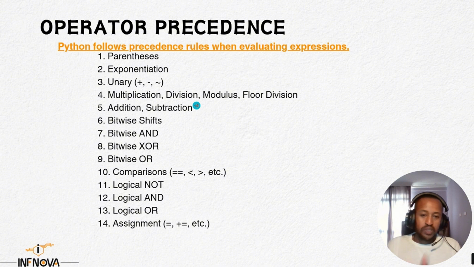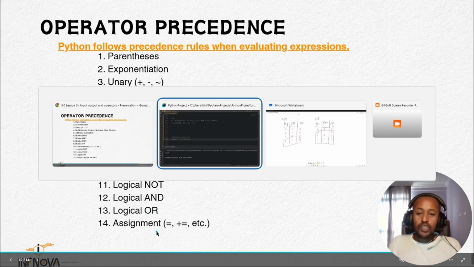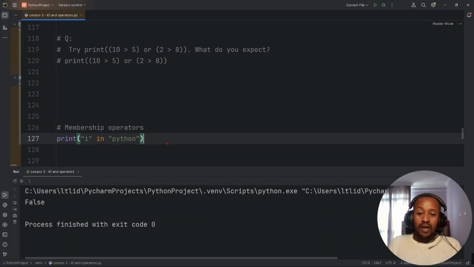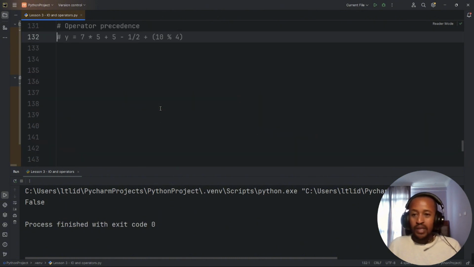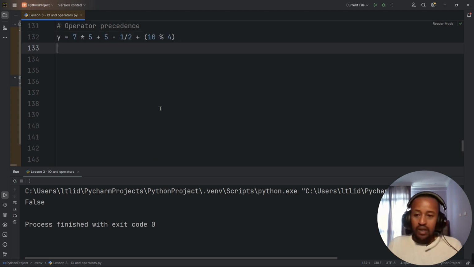Multiplication, division, modulus, and floor division have the same level of precedence. Addition and subtraction also have the same precedence, and it follows on like this. My recommendation, to be sure, is to always keep it in brackets if you're not so sure.